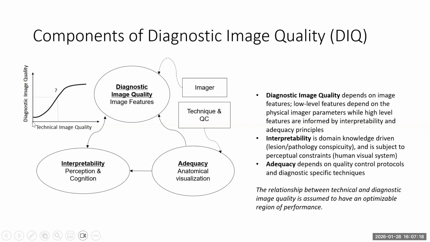So one thing that we always tend to assume is that technical image quality is a directly proportional function that could affect diagnostic quality. So diagnostic quality is a function of technical quality, and that we're in the linear part. So hopefully, if you optimize technical quality, you can improve diagnostic quality.